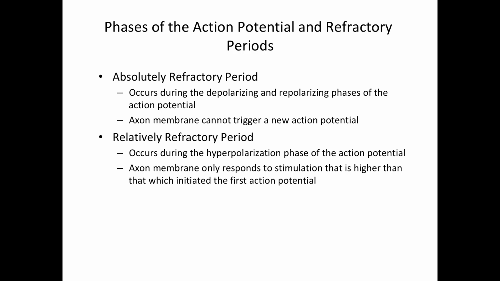This phase is what we call the absolute refractory period. However, after this phase, this is where the little overshoot happens. If the axon membrane is stimulated during the overshoot, a new action potential could be induced, but only if the intensity of the stimulation is higher than that which initiated the first action potential.